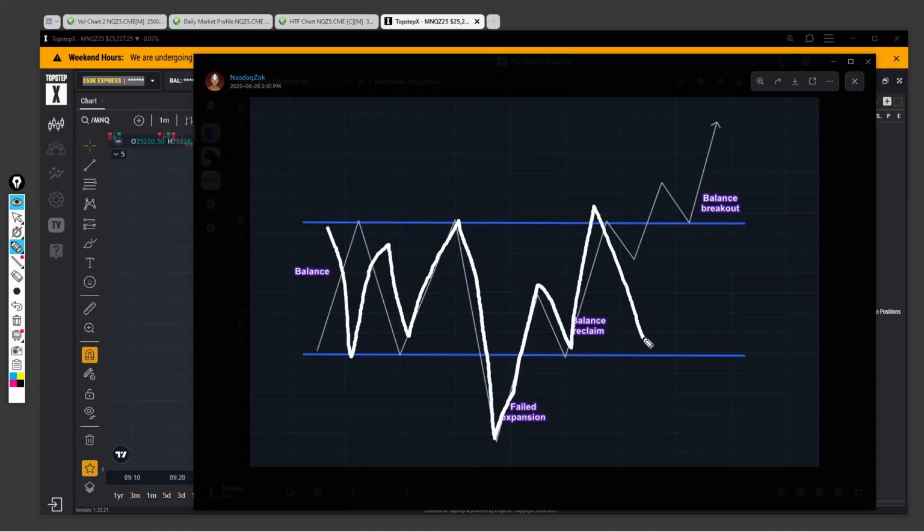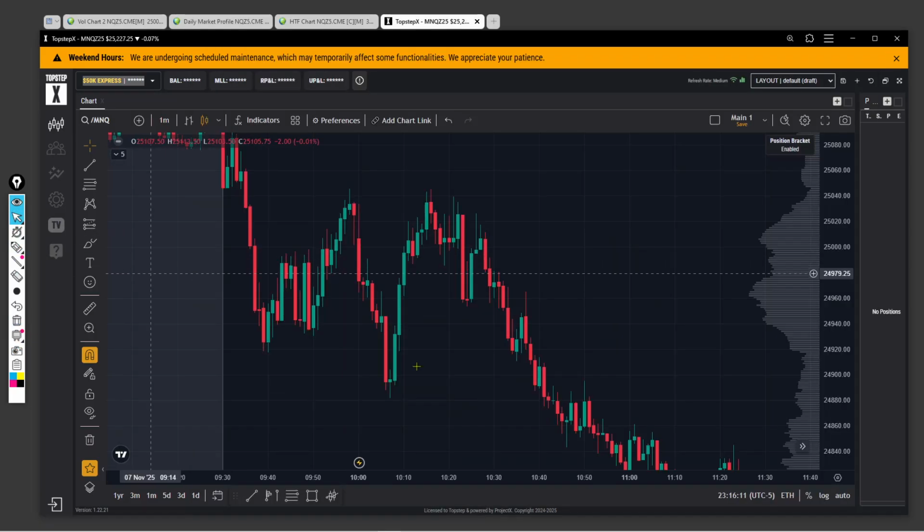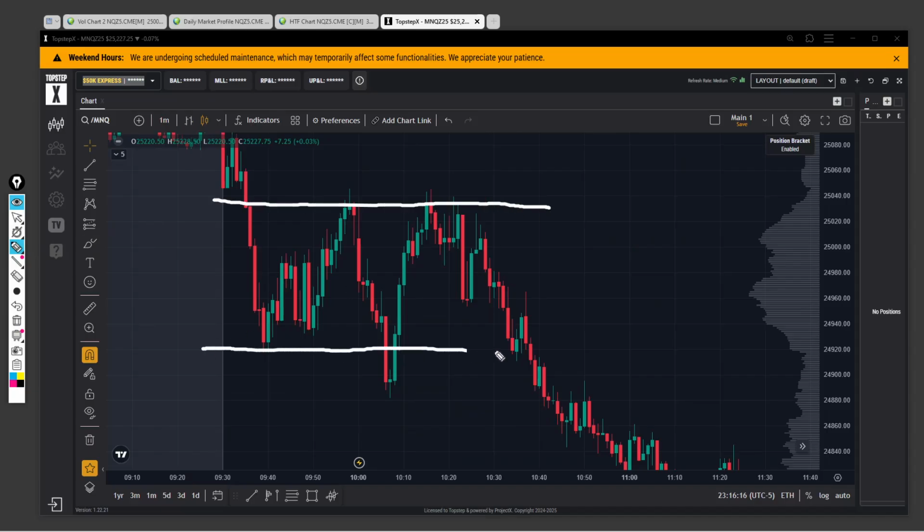And then the reclaim of the range, and then it goes range to range, right? So the failed expansion, right? Now tell me, where do you see the failed expansion of this range? It's right here, right? Now we know, based off auction theory, that if there's a failed expansion and we go back inside the range, it's very likely that we rotate to the other side.